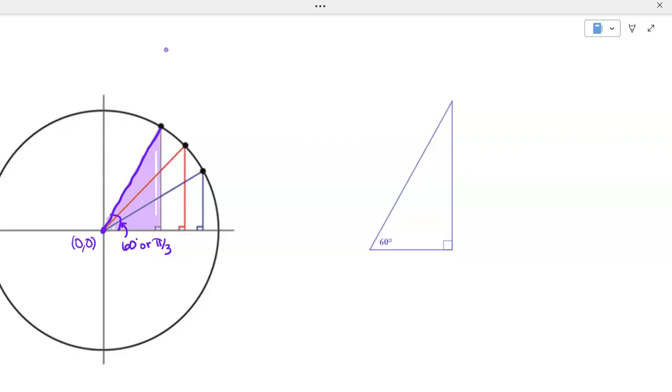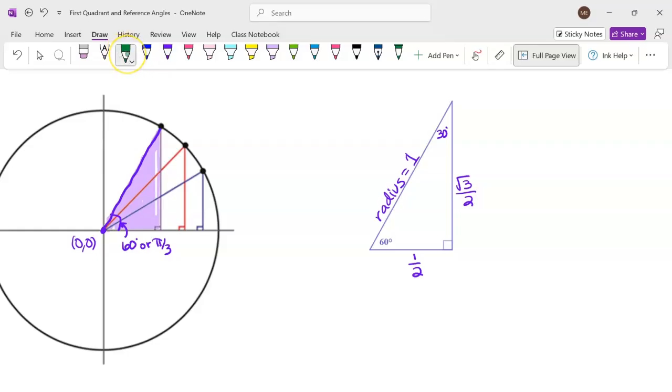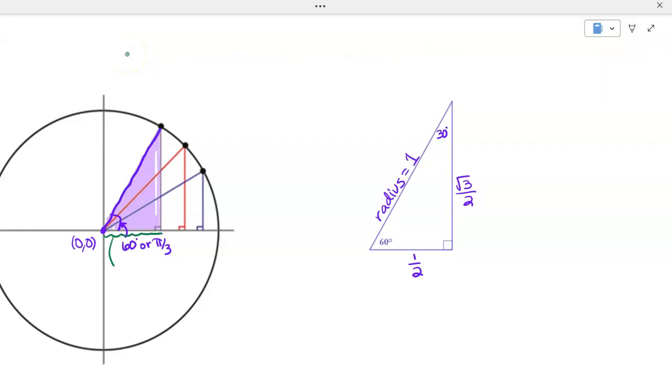Now you see that I've pulled my triangle out here, and again my hypotenuse here is going to be 1 because this is a unit circle. So using my properties of a 30, 60, 90 triangle, I know that the short leg is going to be 1/2 and the long leg is going to be the square root of 3 over 2. And we can look here back on our unit circle and know that this length right here is going to be 1/2, that short leg, and then that long leg is going to be the square root of 3 over 2.